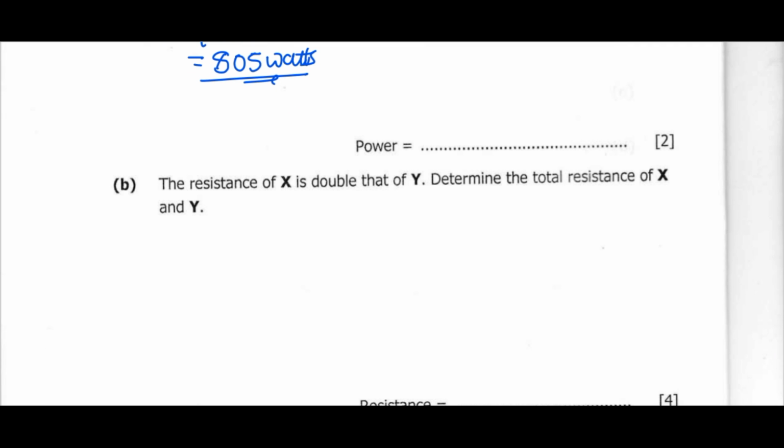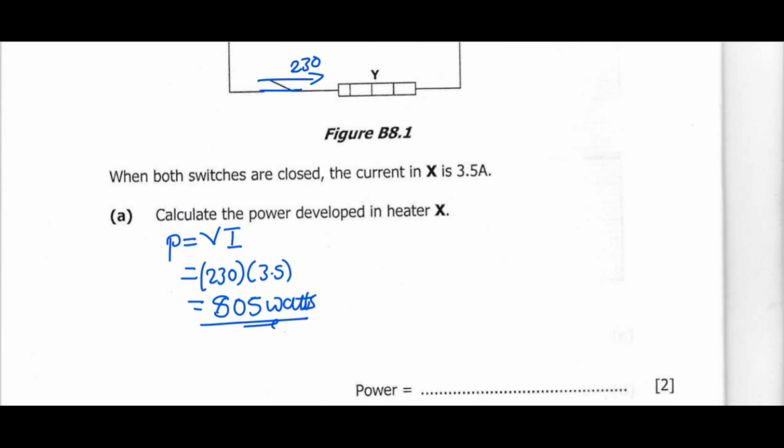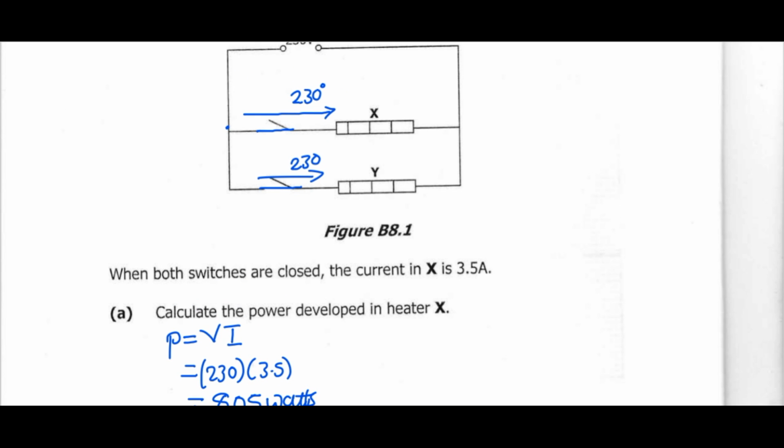Then B, the resistance of X is double that of Y. Determine the total resistance of X and Y. Okay, so let's go back. We are told that the resistance of X is double that of Y. So let's find the resistance for X. We know that resistance is equal to voltage over current. So voltage, we know that for X is 230, over current, which is given as 3.5.